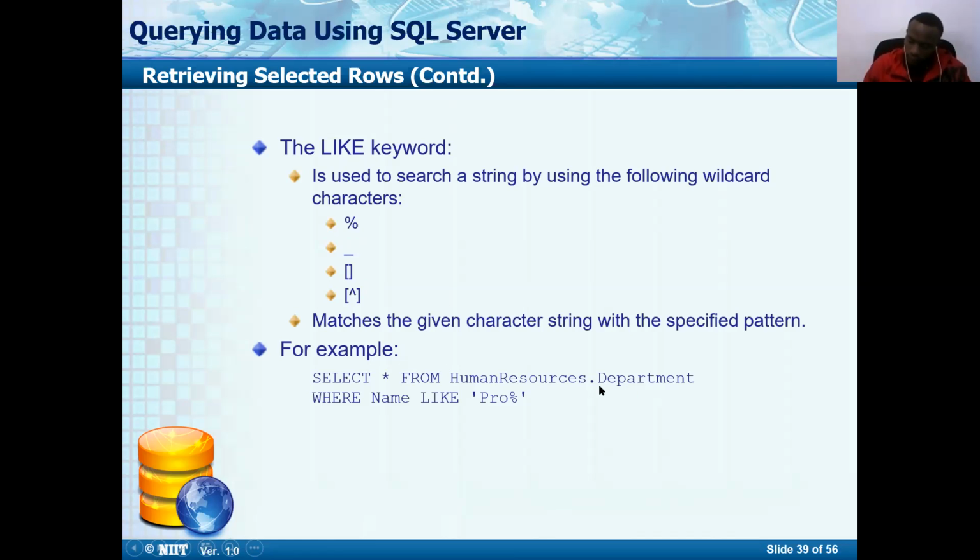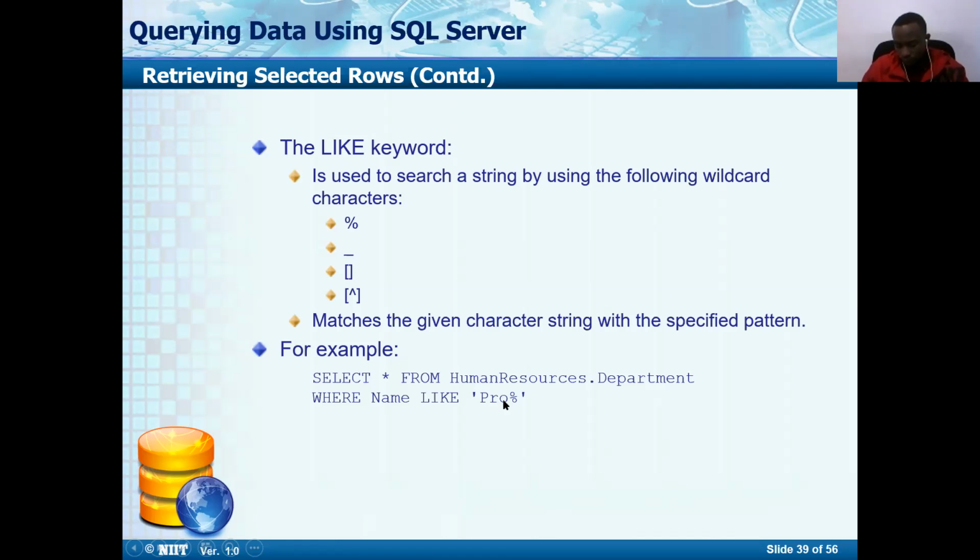And this is an example. It starts like the normal select statement: select star from human resources department, where name is the name of the column. Whenever you are using wildcards, you have to include the keyword LIKE. And then you put the expression in quotes.